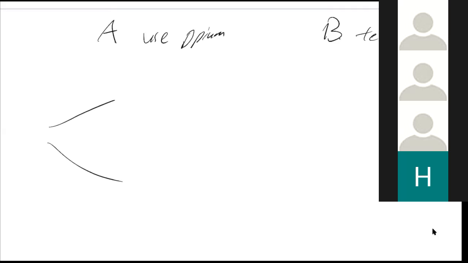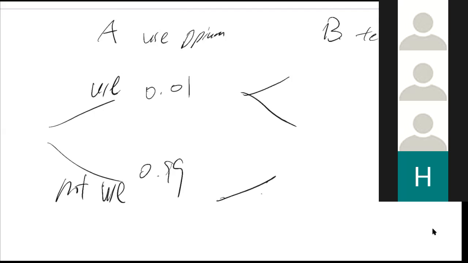So that's the order. We know that 0.01 of the proportion use it, and the others don't.